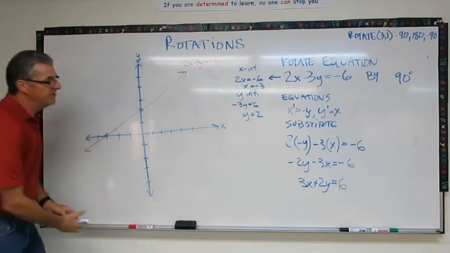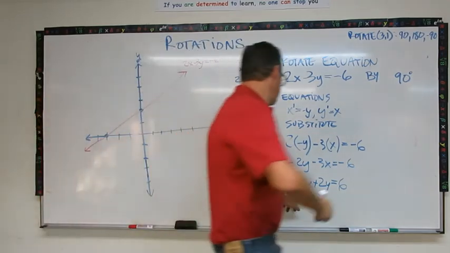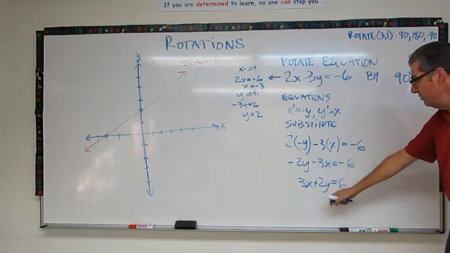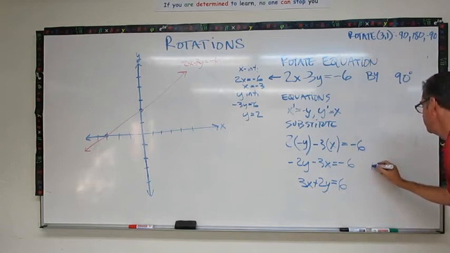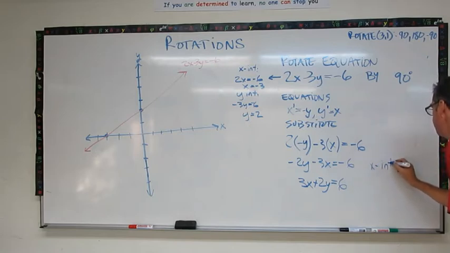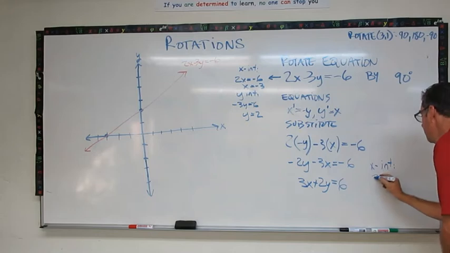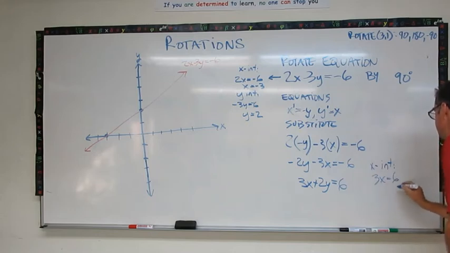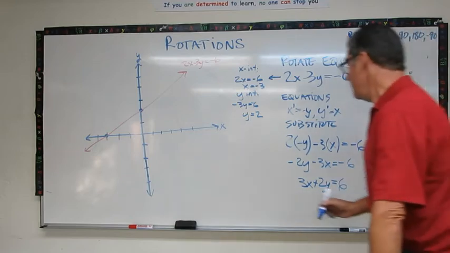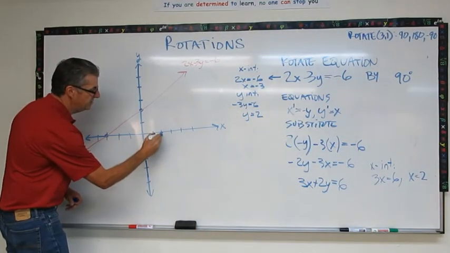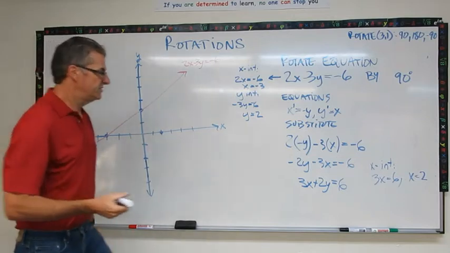All right, so now let's do the intercepts for this line over here. The x-intercept happens when y equals 0. So the y term goes to 0, and you get 3x equals 6, which gives us x equals 2. So the x-intercept happens on this line at x equals 2, right there. Let's do the y-intercept.